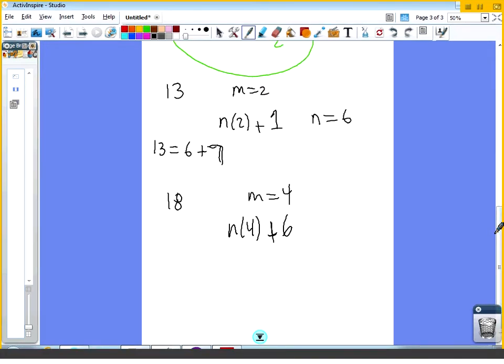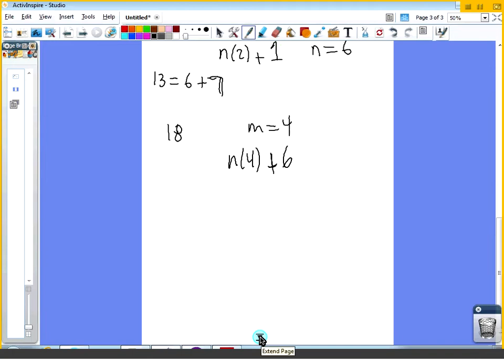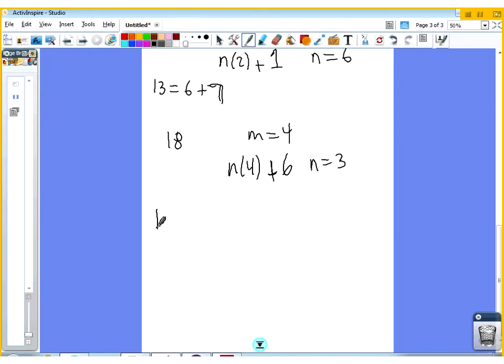So can I write 18 as 4n plus 6? Well, if you had to do it, then this had to be 12, so n is 3 here, right? 3 times 4 is 12, plus 6 is 18. So what does that tell you? 18 can be written as some 4 consecutive numbers starting at 3. This is the starting number.